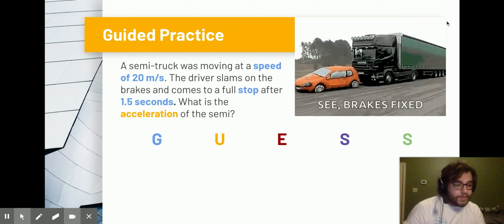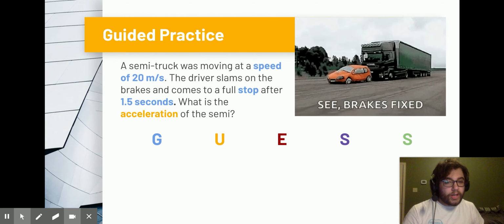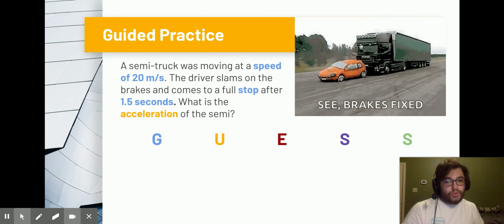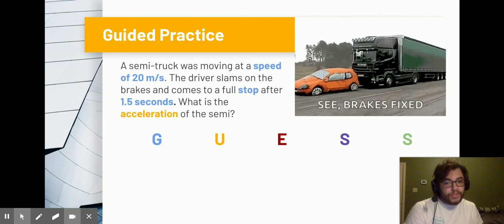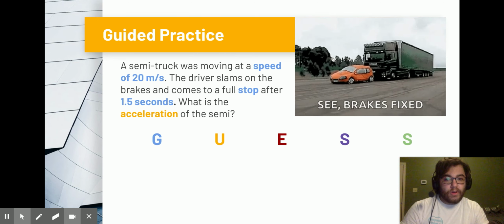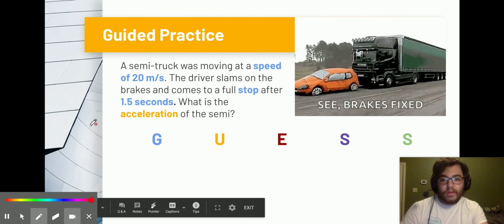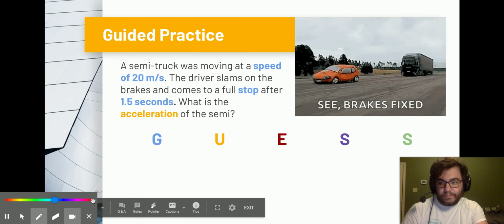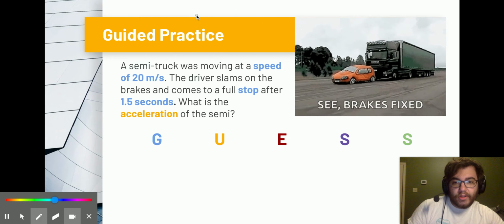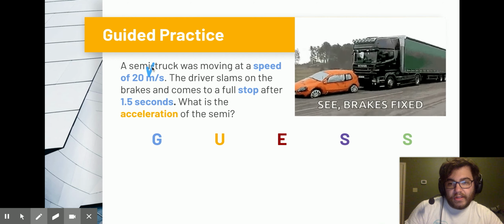So as you can see, a semi-truck was moving at a speed of 20 meters per second. The driver slams on the brakes and comes to a full stop after 1.5 seconds. What is the acceleration of the semi? All right. So we have 20 meters per second. So we know that's velocity.